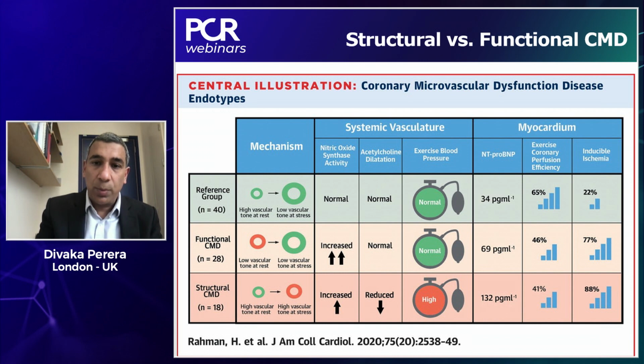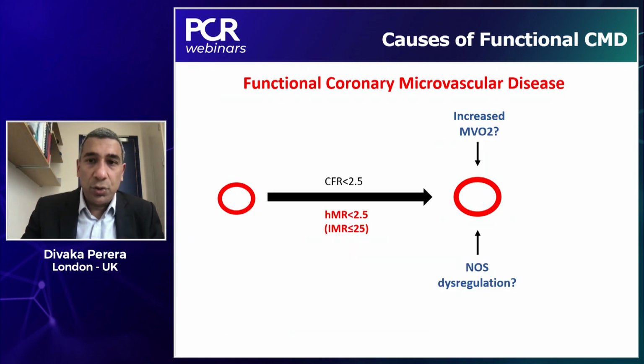The structural group have very abnormal responses to acetylcholine, and the functional group seem to have highly increased nitric oxide synthase activity at rest. And interestingly, they all seem to have some abnormalities that are manifest as a progressive increase in NT-proBNP levels, as you go from functional to structural.